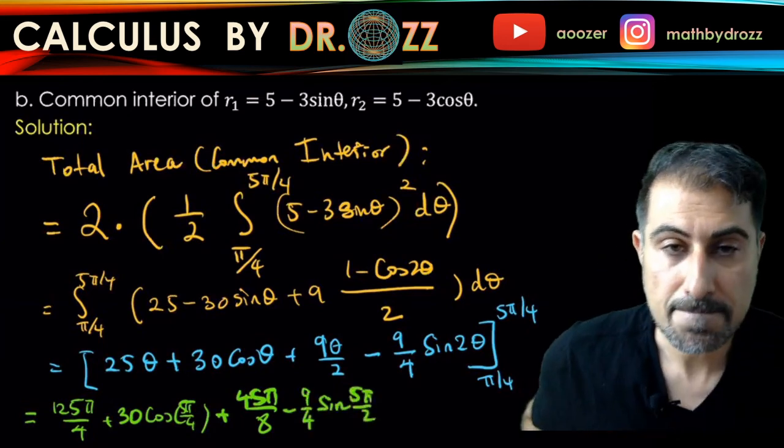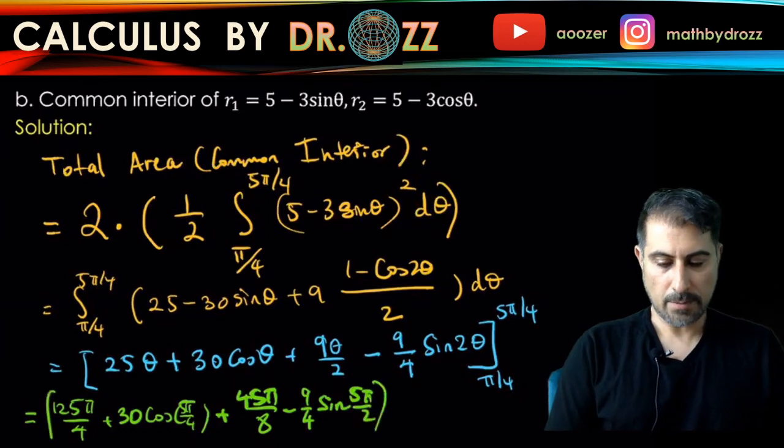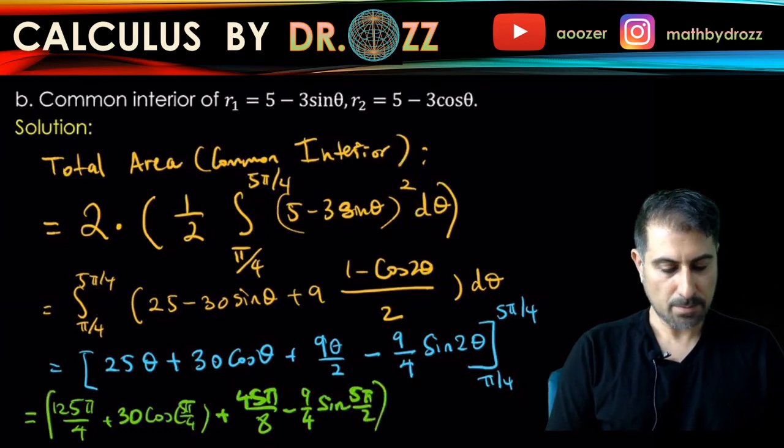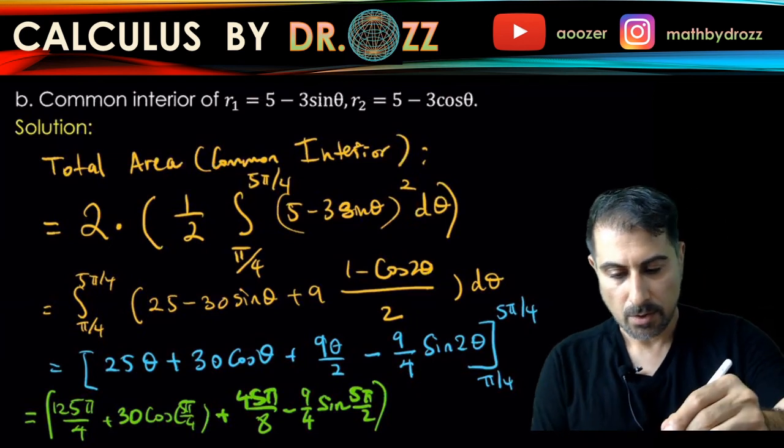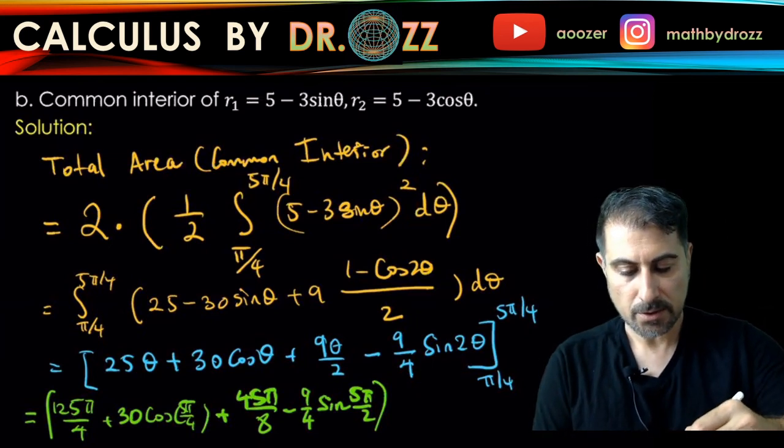And I'm going to subtract pi over 4 plugged in. Why don't we continue from right here?